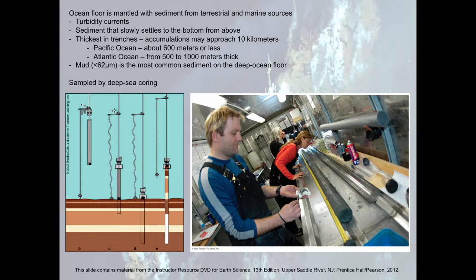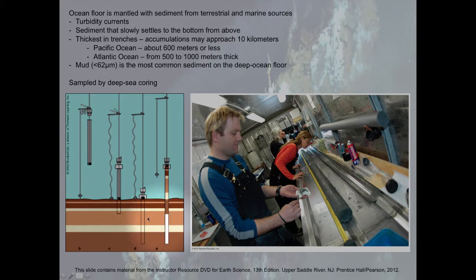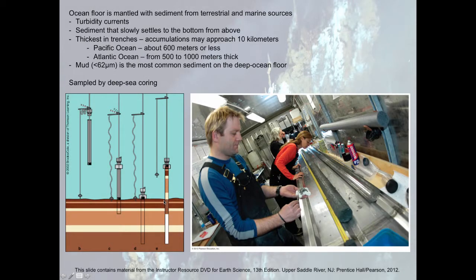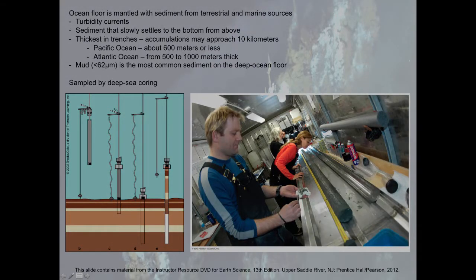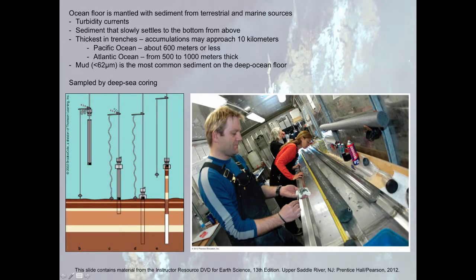Sediments are sampled by scientists by deep sea coring. This is a way of sending a device down to the ocean floor, basically an empty tube. It slams into the bottom, hopefully without disturbing the layers very much. There are usually mechanical devices that trap the core in the tube, and then you can pull the tube back up to the surface, where the sediment can be extruded on a long bench and studied by scientists.